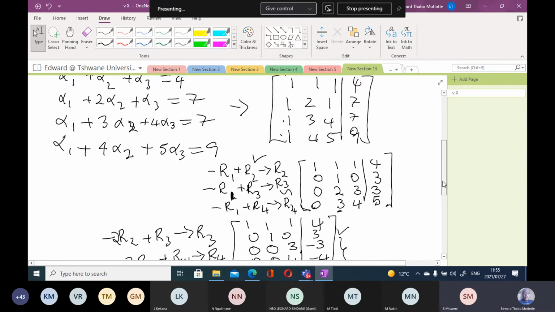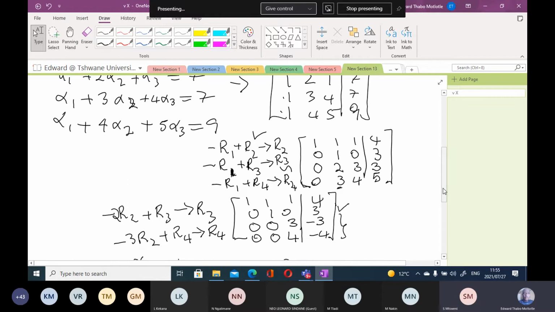Come again? Which equation are we using there to get alpha 3? To get which one? Which 3? Let me show. I'll show you where I think you're asking the question. This one, or the one below. Are you referring to these 3? Yeah, 3 or 4. Which equation are we using to get alpha 3?